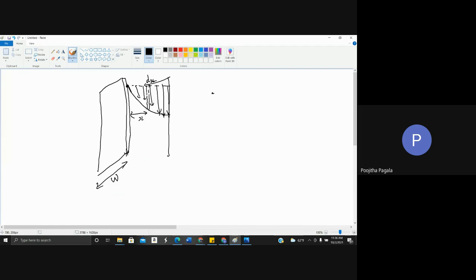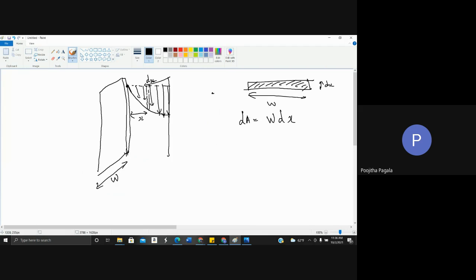If the width of the wall is w and the thickness of this small portion is dx, can you tell me what is the cross-sectional area available for flow for this small element? If I have a rectangular strip where one length is w and the other is dx, the area is w dx.